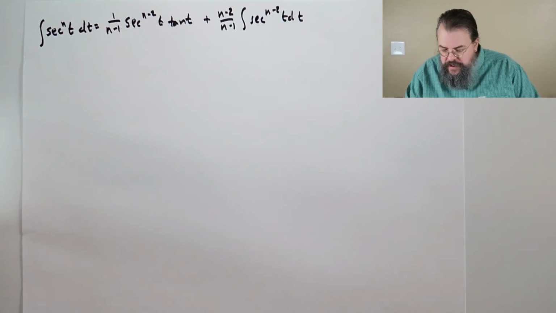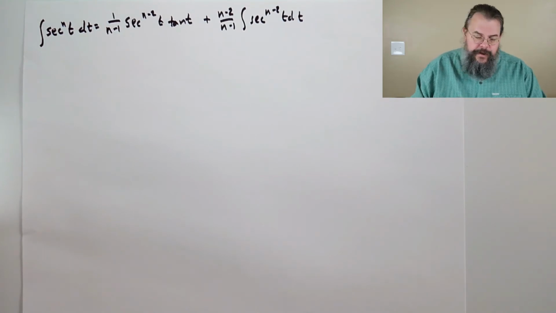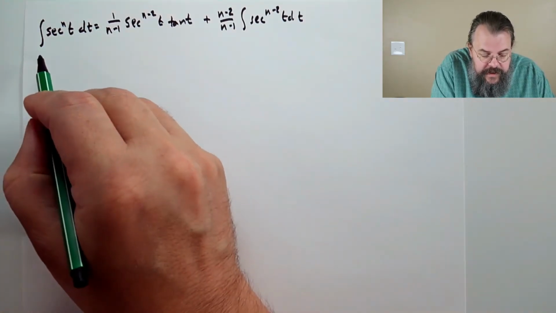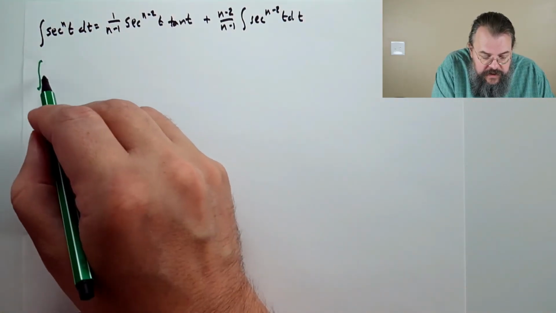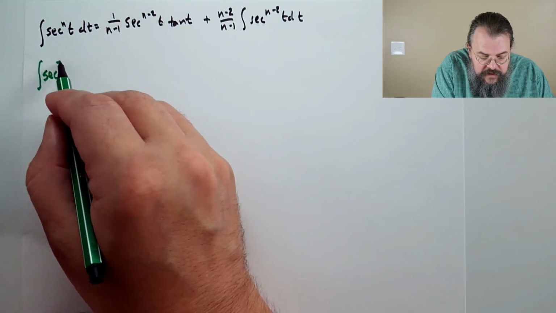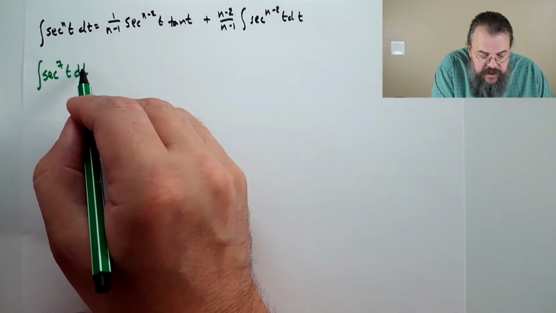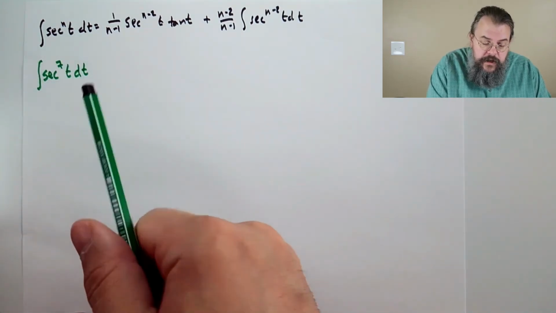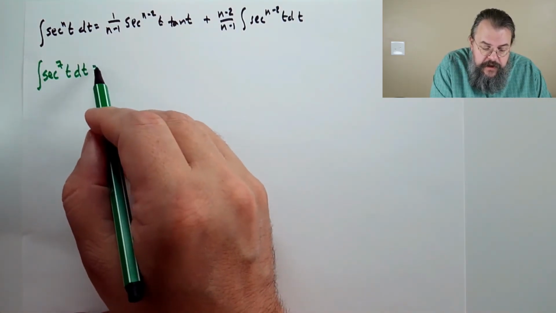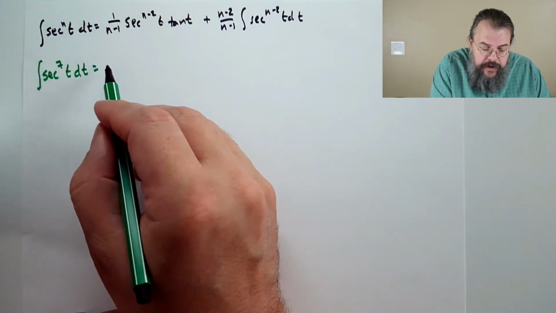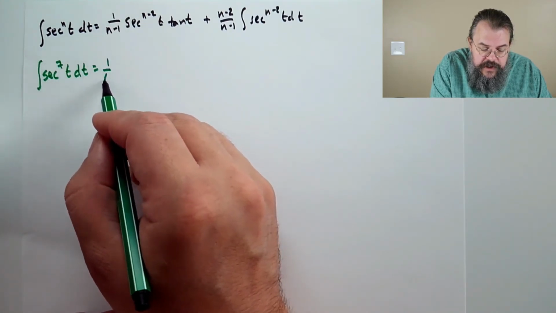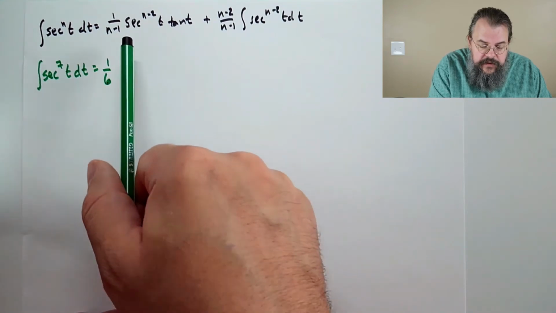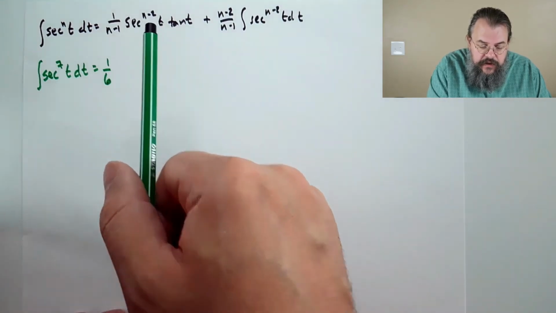So we'll start with 7. We have the integral of secant to the 7t dt. So we have n equals 7. So if we put in n equals 7, 1 over 7 minus 1 makes 1 over 6. Then we're going to have secant to the 7 minus 2.